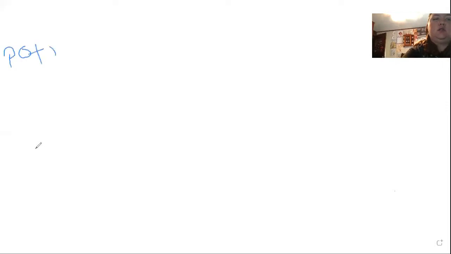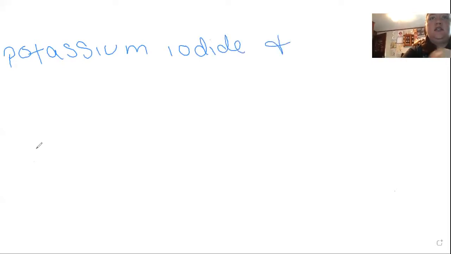So the first example that I want to go over, now this comes from a worksheet that you will get in the near future, but we have solutions of potassium iodide and silver nitrate.